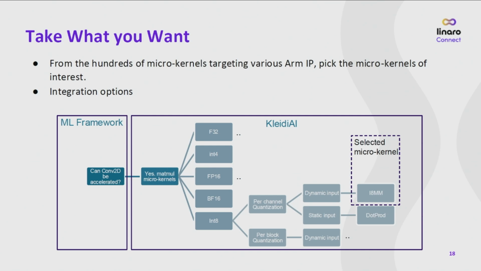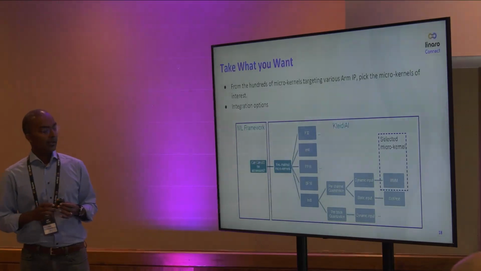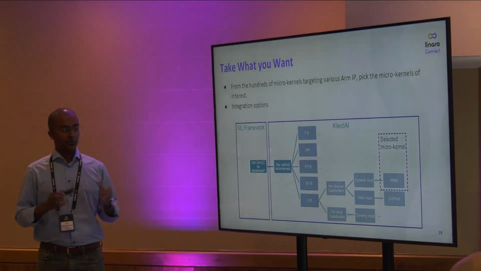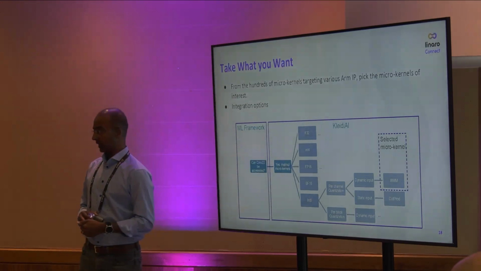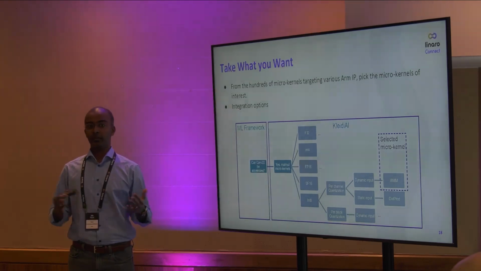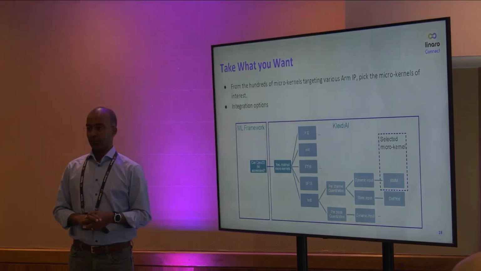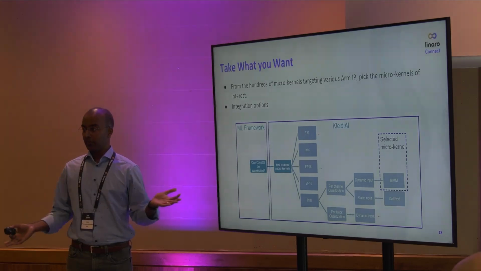Right. So right now we have around 105 microkernels in KleidiAI. You're a framework developer and you have an operator in hand, conv2d. You come to KleidiAI and say, I want to accelerate this. What do you have? And we whip out a long list of options.